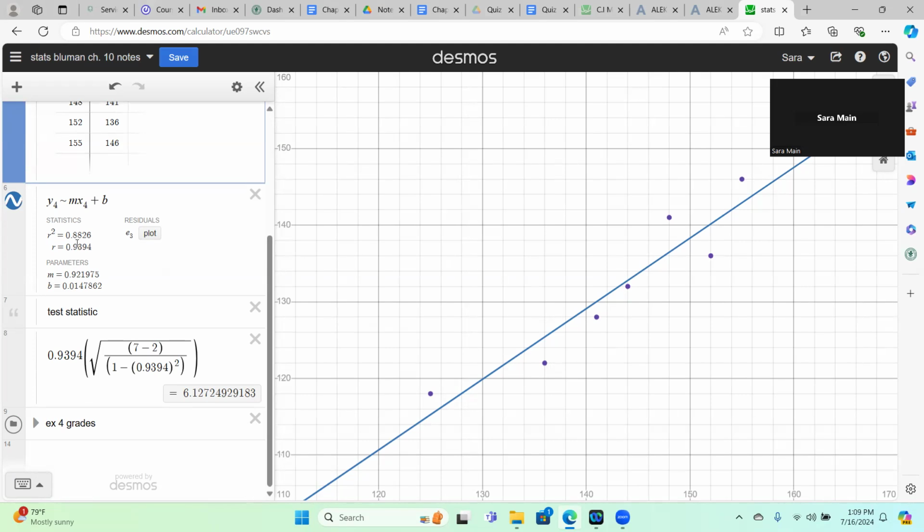I am just going to show you on paper the test statistic method versus the table A8. Okay, so let's go back to our paper. So we've got all this written down here.